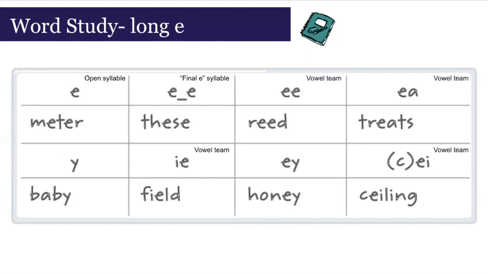Those are our vowel teams, our digraphs. Wonderful job. And we have a Y with baby and EY with honey. Notice in these words, our Y acts like a vowel. So those are our Y vowel patterns.